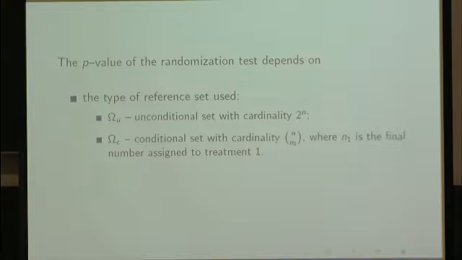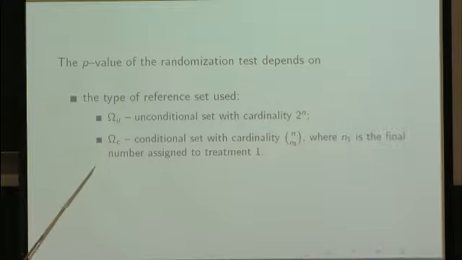So now, I guess the controversial part is that the p-value of randomization tests depends on the type of reference set used. And here we have omega u, which is the unconditional set with cardinality 2 to the n.